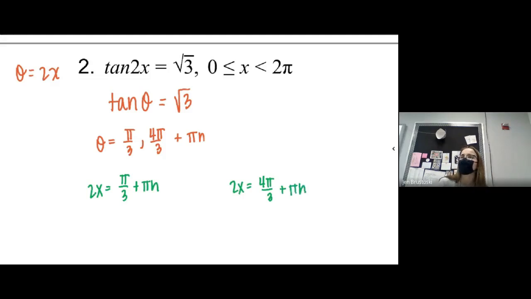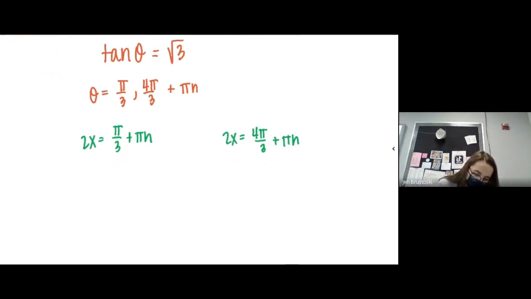For those of you that ignore 4 pi over 3, that's fine. I'm just going to hit this point home, okay? So we're going to divide by 2 on both sides. So I have x equals pi over 6 plus pi over 2 n. And then x equals 2 pi over 3 plus pi over 2 n.